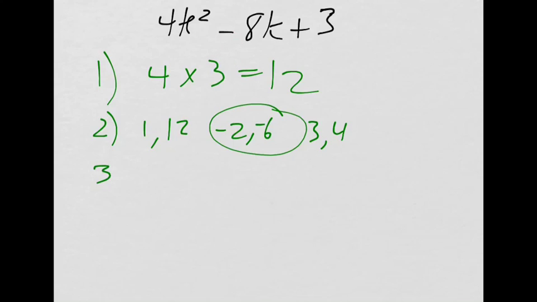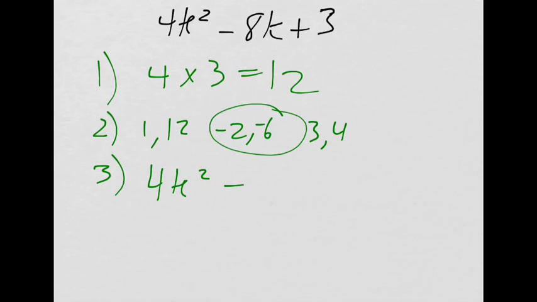Step 3. Split. What do I split? 8 into what? Negative 2 and negative 6, right? I use the numbers that I got from the last step. Everything else stays the same. So I still have 4k squared. That doesn't change. But that 8 splits into 2 terms respective to what my 2 factors were from the last step.